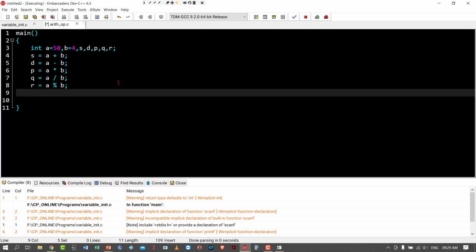Rohit, as the next line, I want to print everything in a single line with a tab space. I want to print s, then a tab space, then the value of d, a tab space, similarly p, q, and r. Which function do I have to use for displaying? Printf. Very good.